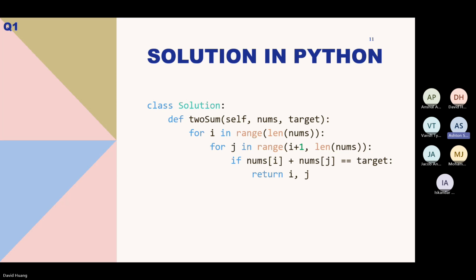We're going to add those up in the conditional. If nums of i plus nums of j is equal to the target, so if 3 plus 2 is equal to 6, we're going to return the indices of i and j, because that's what the problem is asking for. So obviously 3 plus 2 is not 6.